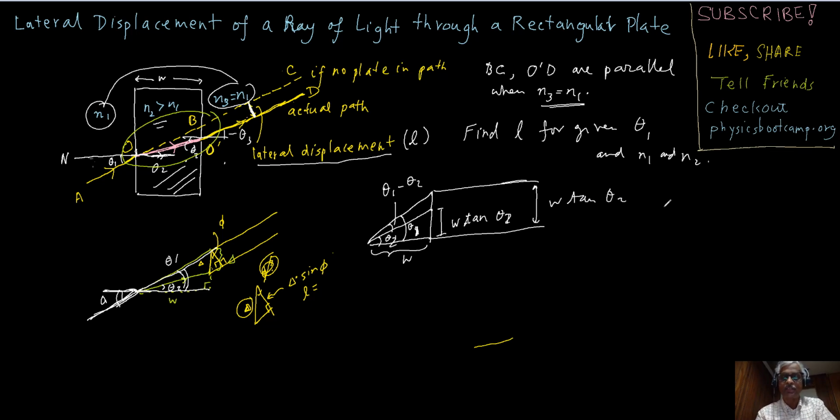So the delta is very easy: it is the difference, W tangent theta 1, the big angle is theta 1, minus W tangent theta 2. Now let's look at that.